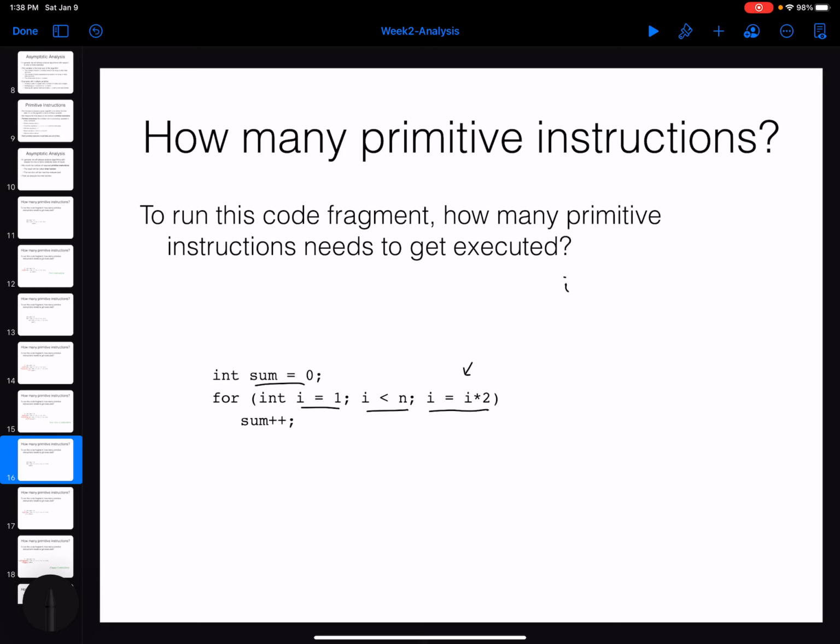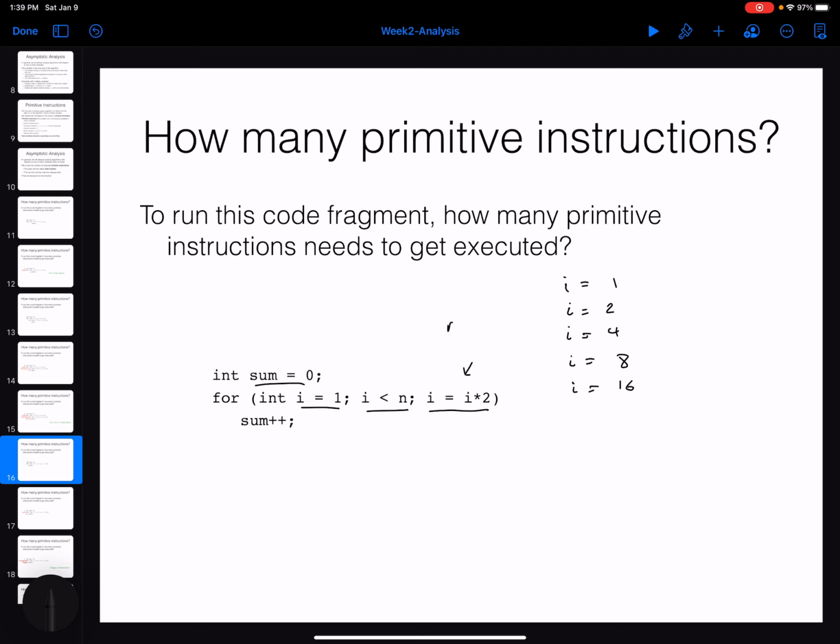So i is 1 in the first iteration, 2 in the second iteration, 4 in the third iteration, 8 in the fourth iteration, right, 16, and so on. So each time you are just multiplying it by 2. It is increasing exponentially, in terms of 2, okay? So the number of iterations will be different.